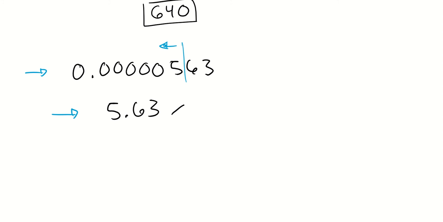I might just consider this is where I'm at, and I need to divide by 10 1, 2, 3, 4, 5, 6 times. So this would be 5.63 times 10 to the negative 6th power. So this is this number written in scientific notation.